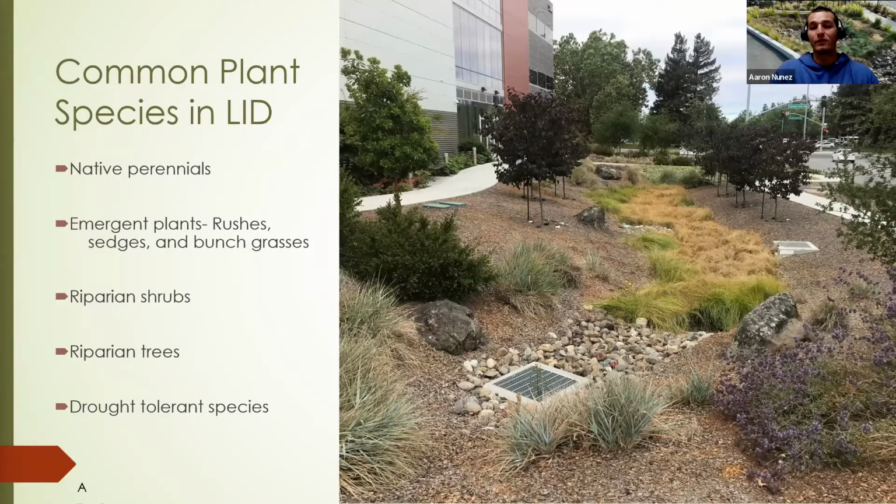Now, obviously, these aren't necessarily controlled studies when we have all these LID features throughout the city, but the main point to drill home is these species are very good at taking up pollutants with their deep root systems. And by establishing these, having 50% vegetation and establishing a correct LID feature, we can do a pretty good job of taking out suspended pollutants in stormwater.